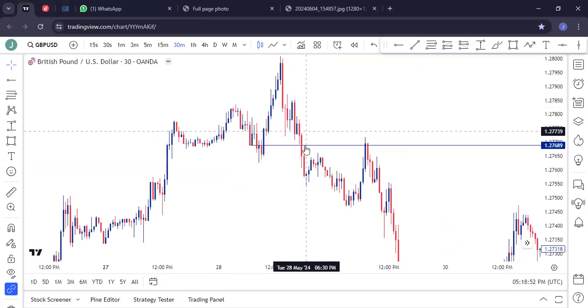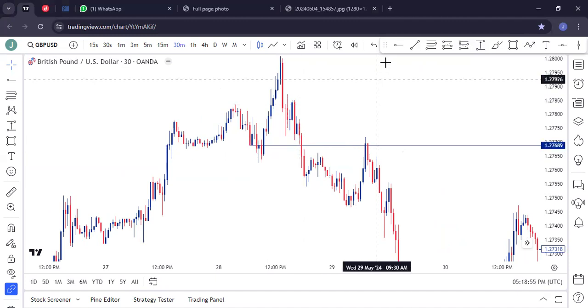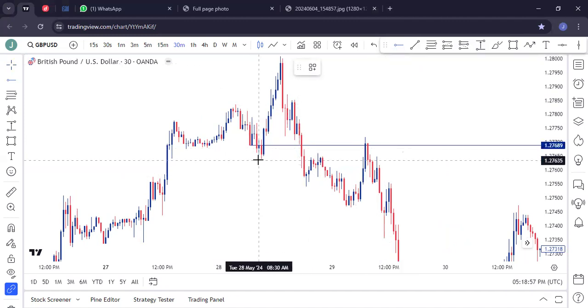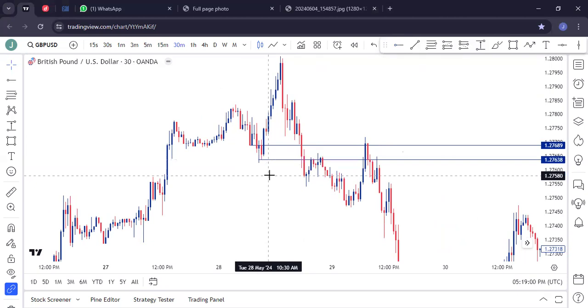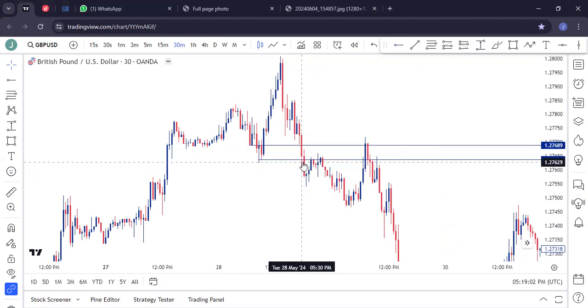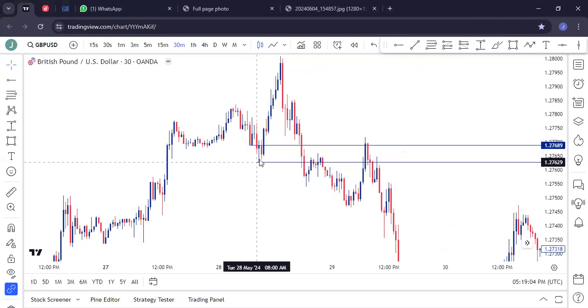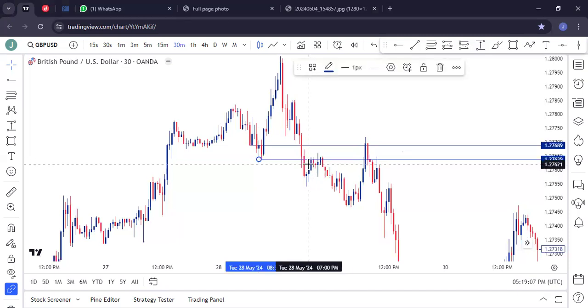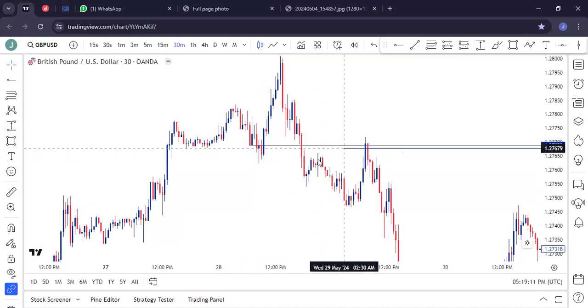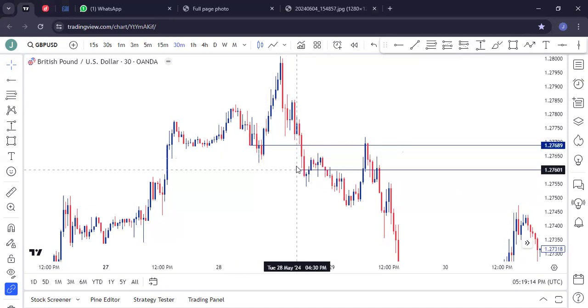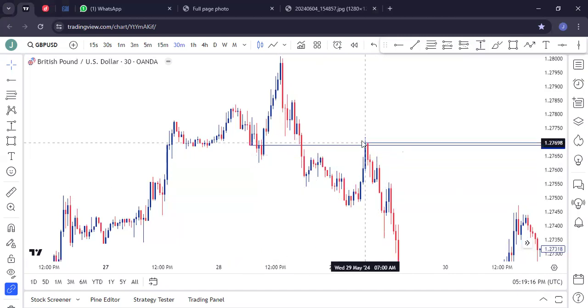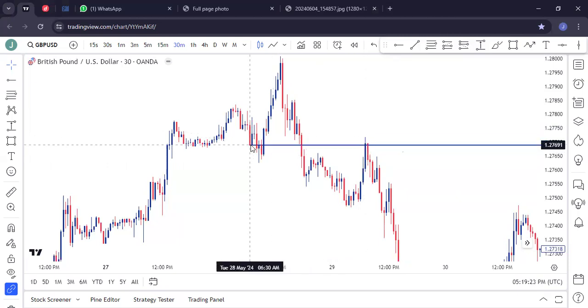So we were supposed to enter this point here as our liquidity engineering. But look now, the market came and broke this reclaim point here by body. After the market broke this point by body, see how the market now acts. The market came here and entered this liquidity engineering as failed liquidity engineering.